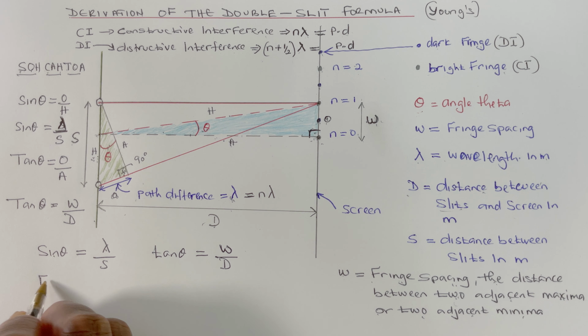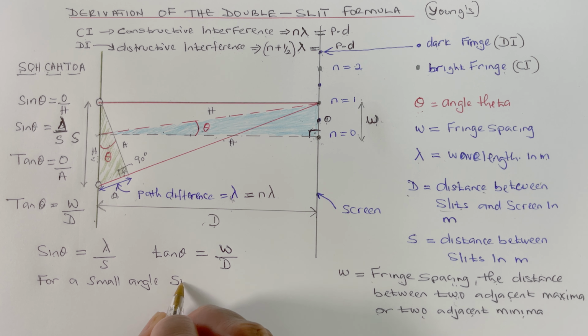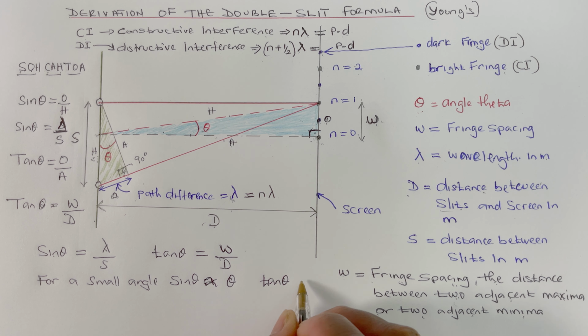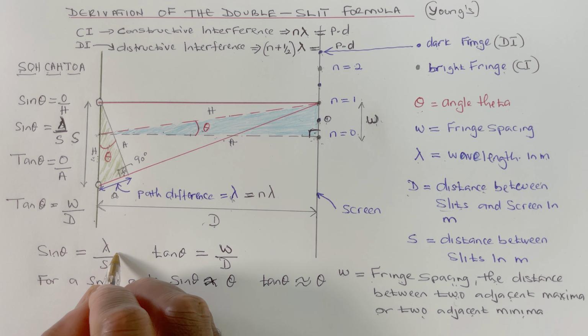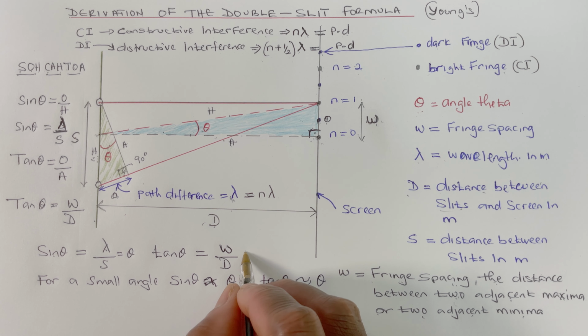So for a small angle, sine theta is approximately equal to theta, and tan theta is approximately equal to theta.